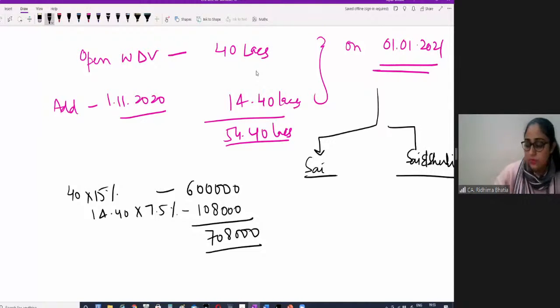From 1st January till 31st March would be for Sai and Shiddi, which would be 90 days: January 31, February 28 and March 31. And for Sai it comes to 275 days.